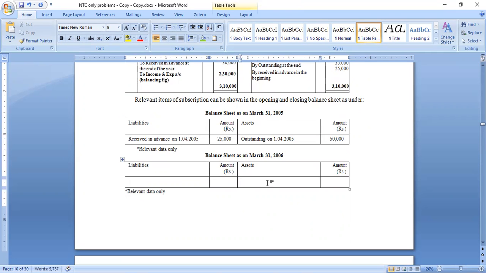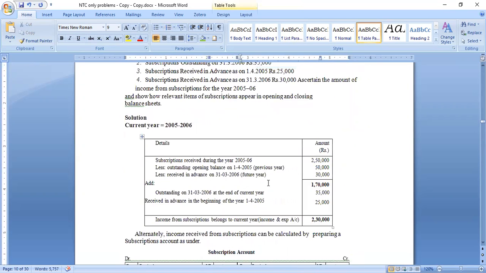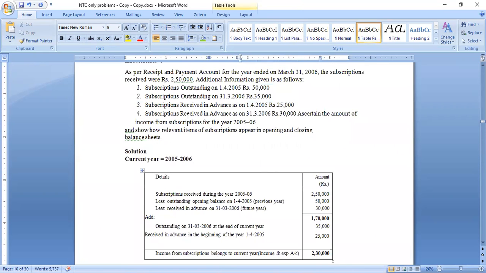Likewise in the closing balance sheet, advances received in advance at the end of the year 2006, 30,000.